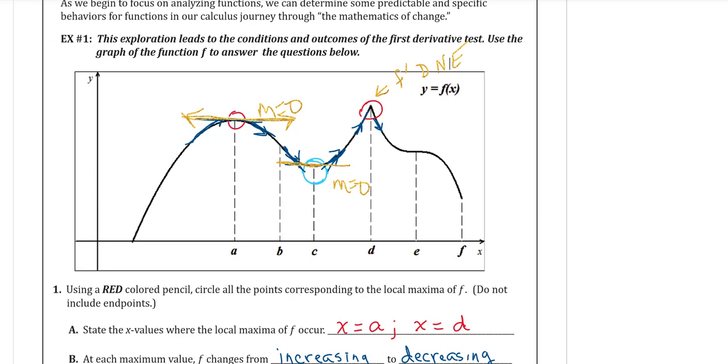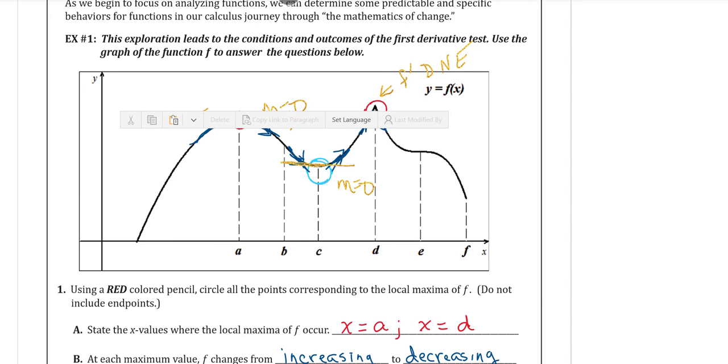Now going to the next page, we're supposed to use a green pencil and sketch the tangent line at the following points. At point B, so let's use green here. Let me erase some of this blue in between. We don't really need the blue.